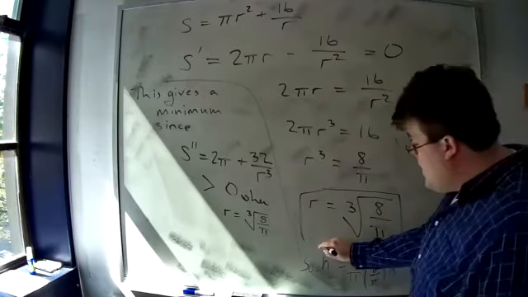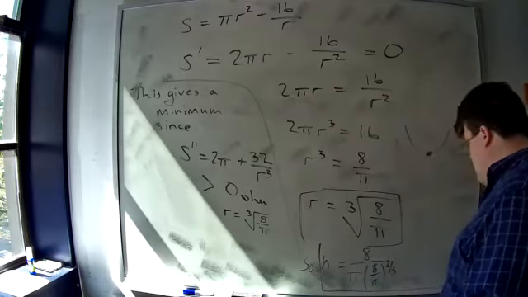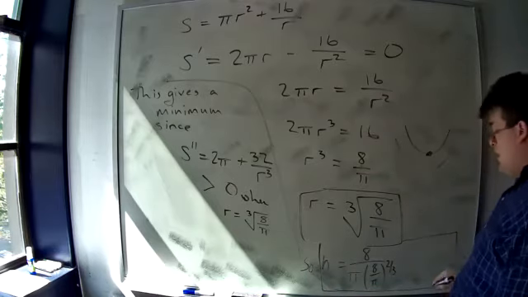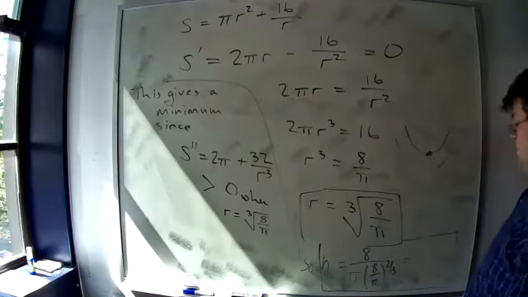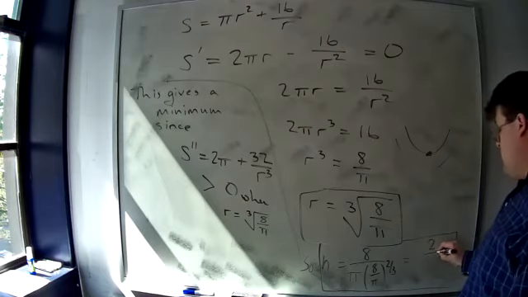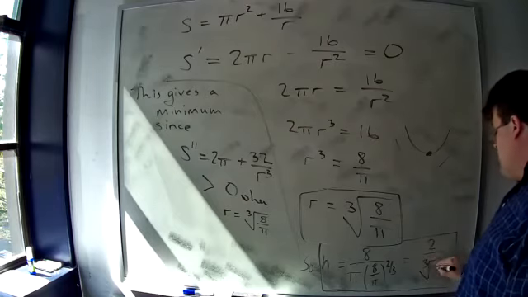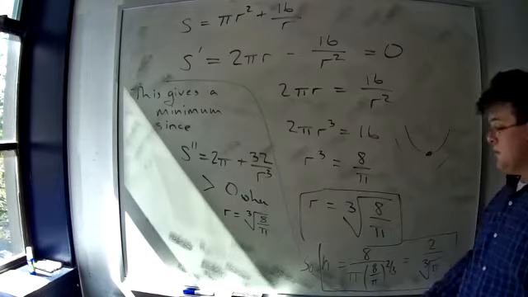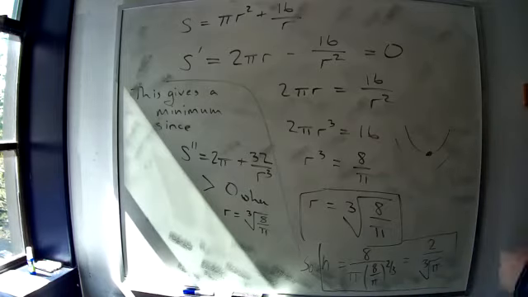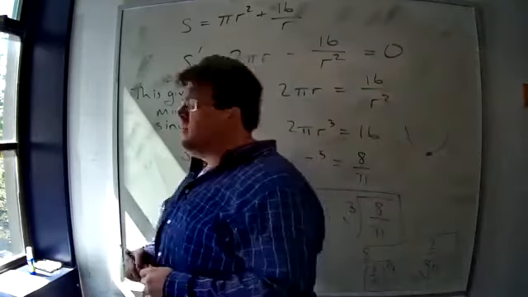You could leave your answer like that. I will simplify it here, so this does simplify to 2 over the cube root of pi. You could leave it like that. It does give a minimum. You don't need to find the volume.